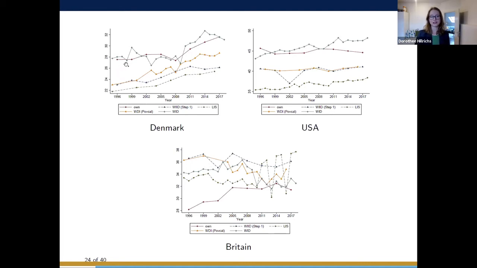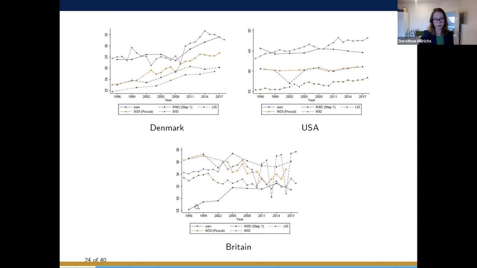In particular here in Denmark, where the fiscal data is quite detailed and survey data is really of high quality, we see that our estimates are, particularly in the trend, quite close to the data from the World Inequality database that uses fiscal data and survey data. Similarly, for the US, we show that there is much higher inequality than what is predicted from the survey data, and in line with combining this survey with fiscal data.